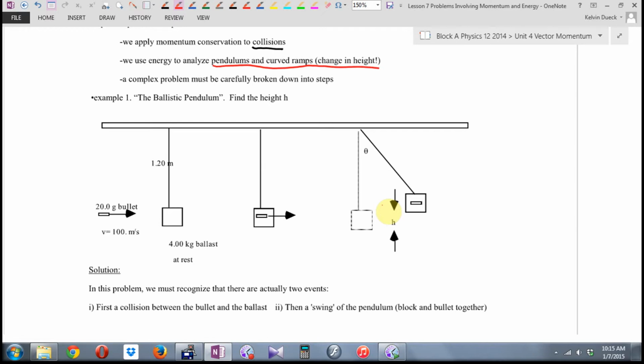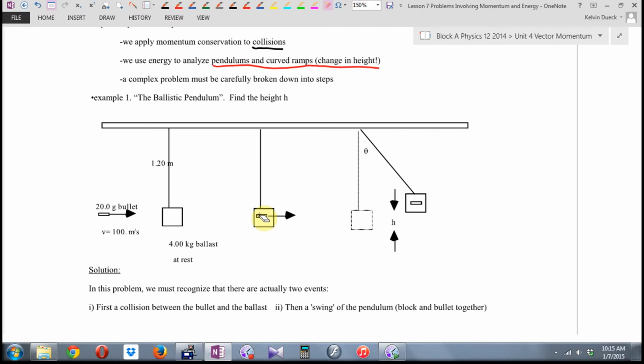Here's what it says. We're going to shoot a bullet, and it's going to hit a pendulum, a block of wood, and it's going to stick. Inelastic. Well, I think when the bullet hits the wood and they stick, the wood's going to swing up and then come back down. It's going to swing on a yucky, curvy path.